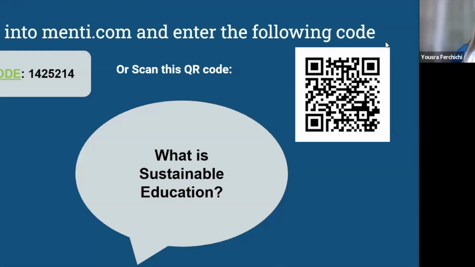Okay, so all the ideas that you have in mind, you're not going to share them in the chat box, but instead, I'd like you please to log into menti.com and type the code you see on the screen or scan the QR code and answer the question you see on the screen. How did you perceive the sustainable city? And most specifically today, we are concerned about sustainable education.